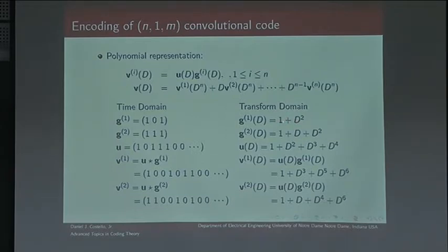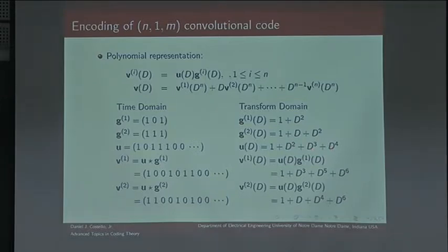And in this case, if we do this, we can see when we multiply 1 plus D squared by u of D, multiplying u of D by 1 gives us 1 plus D squared plus D cubed plus D to the fourth. Multiplying it by D squared just gives us four additional terms, D squared plus D to the fourth plus D to the fifth plus D to the sixth.